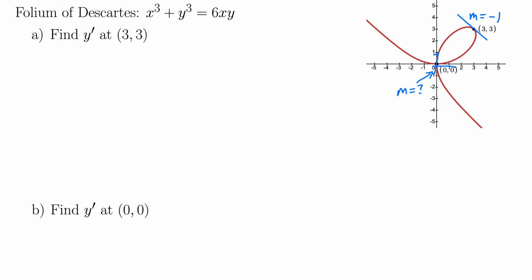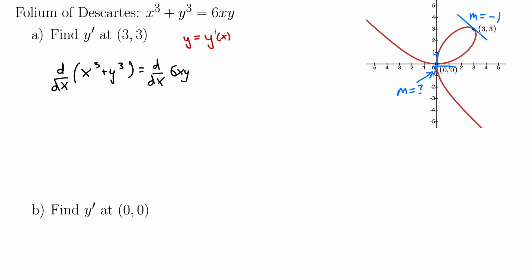Okay, we'll use implicit differentiation here. So let's take d by dx of both sides: d/dx of x cubed plus y cubed equals d/dx of 6xy. Now we're taking y to be some function of x, so y equals y of x.